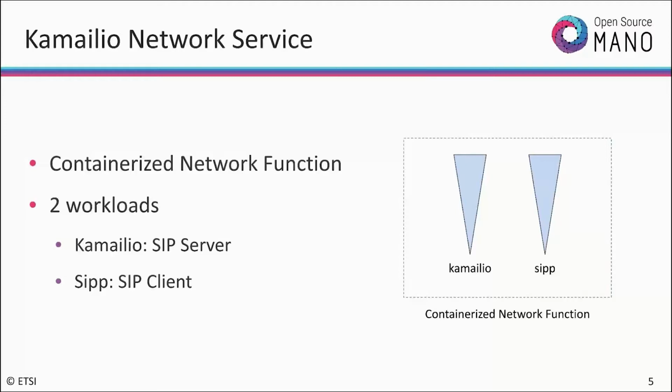So if we see the image on the right, what will be deployed is just two workload pods in Kubernetes, one with the SIP server and the other one with the SIP client. Not today, but in the next session, we will be able to check that Kamailio is actually working fine by executing one action in the client.